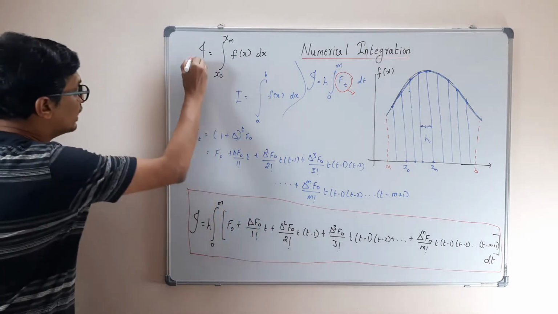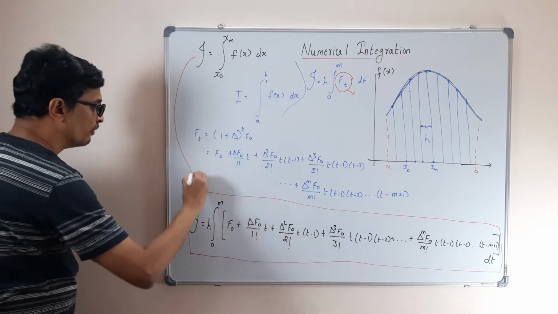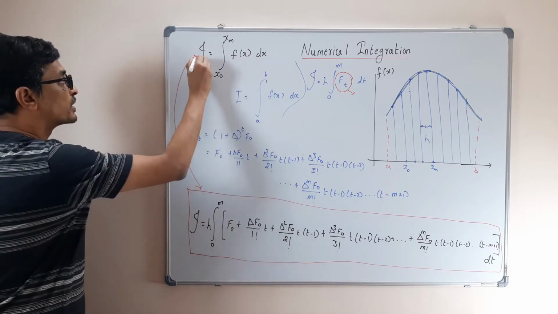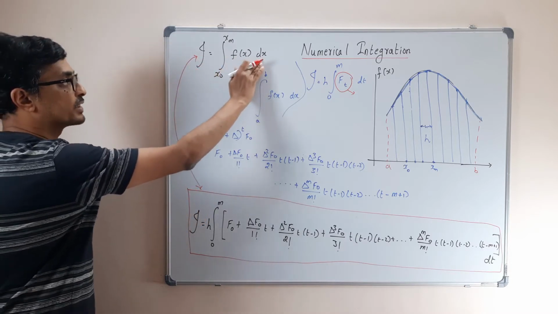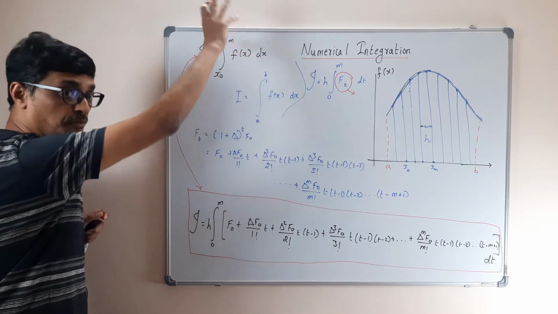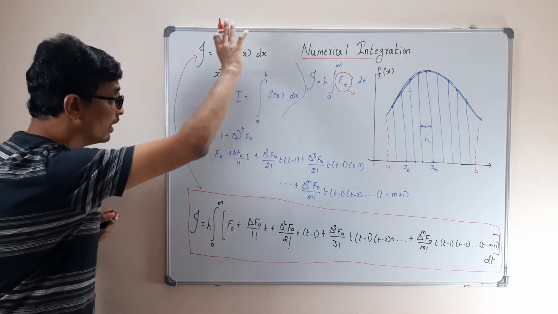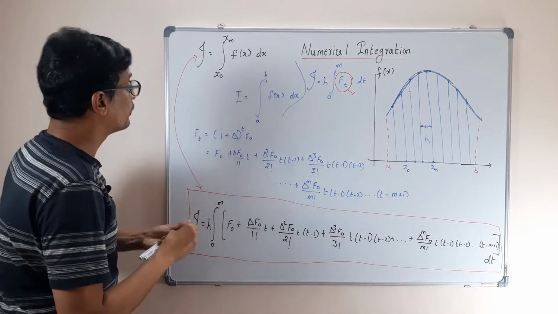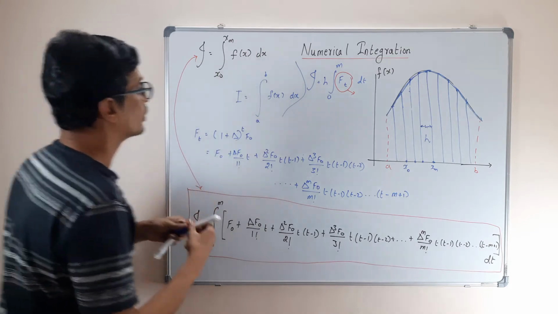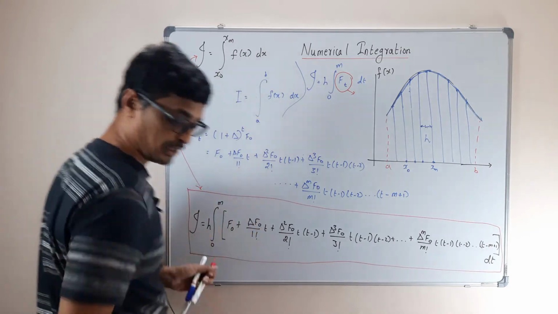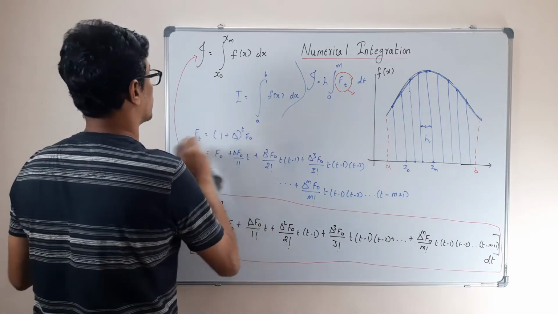So what we have done is successfully represented this integration of f of x dx, where f of x is some function, whatever, we don't know that. How are f of x and this capital F connected? I wrote it earlier.